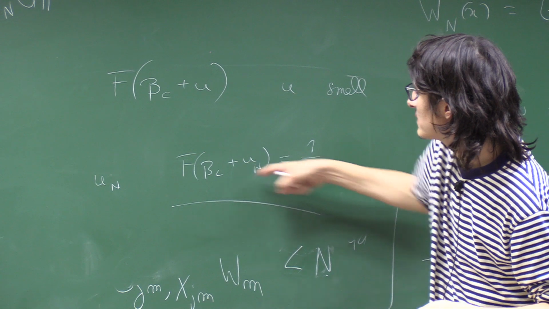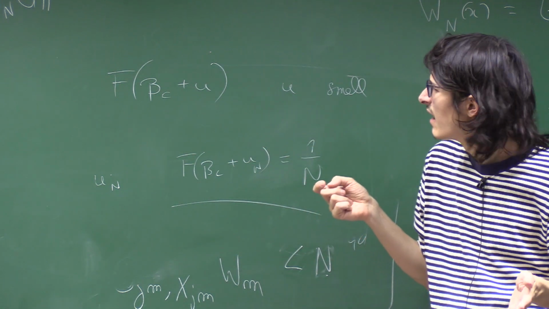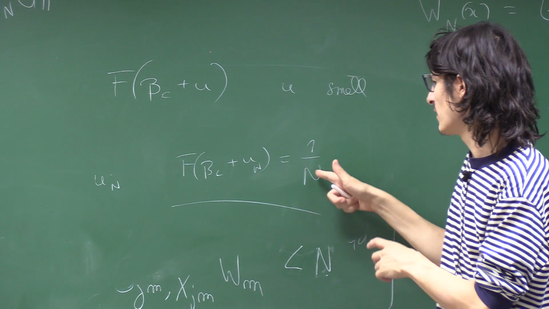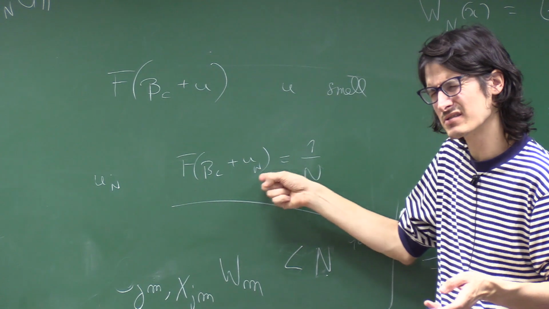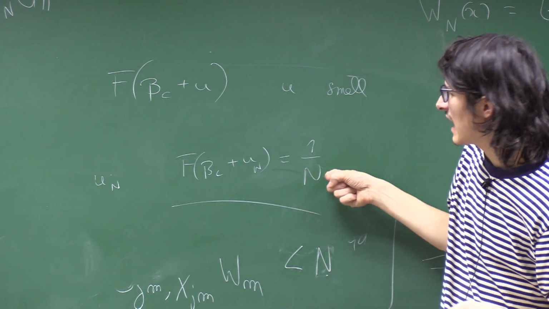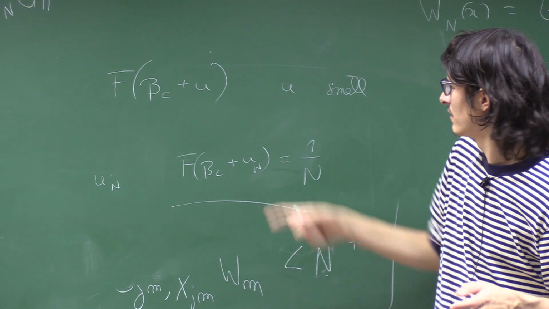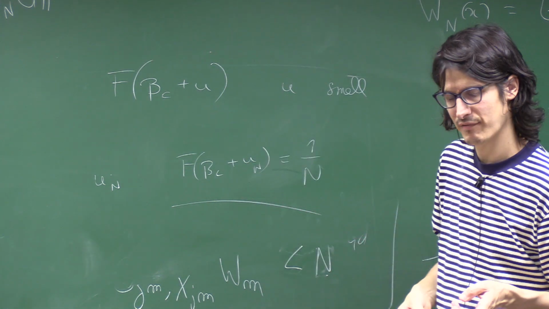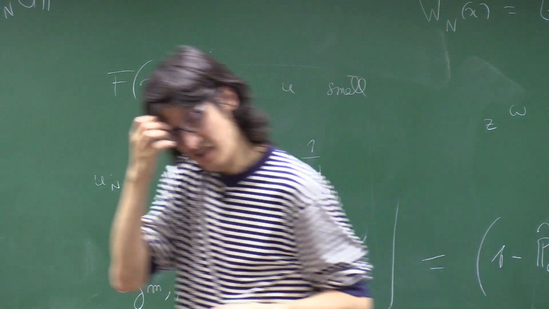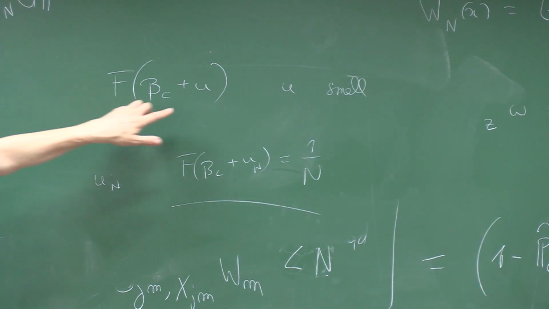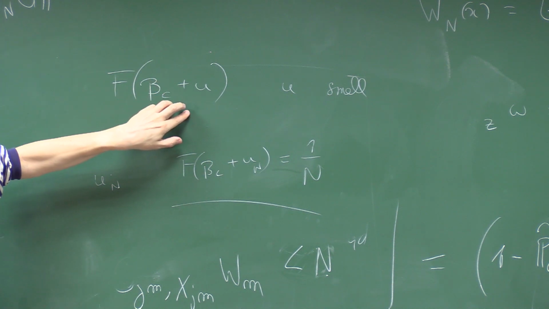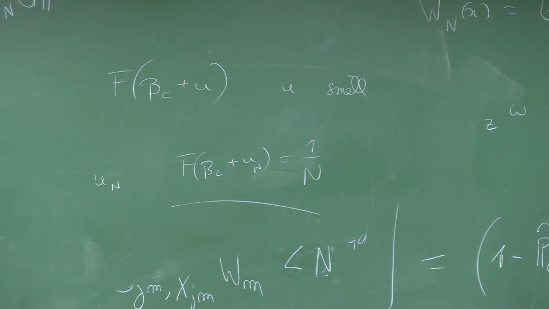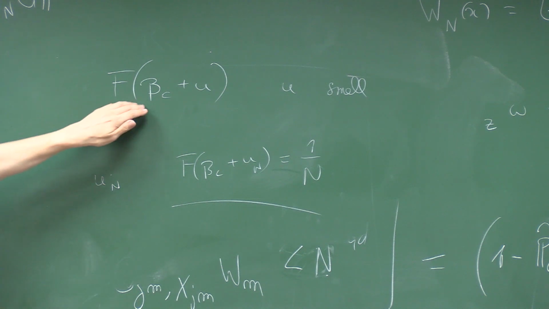Because these things tell you the scale on which things vary, and I don't know, perhaps you have to. I don't know if this is exactly what you want, but yeah, this is probably the right thing to do. Yeah, look at things at the correlation length, so take n to be the inverse of the free energy. But the first thing to understand would be, how does this behave? Does this behave like a power law? Is this much smaller? And yeah, for the moment, it's difficult to understand exactly this.